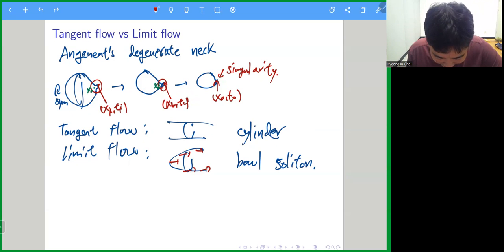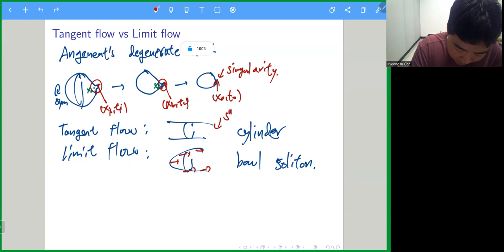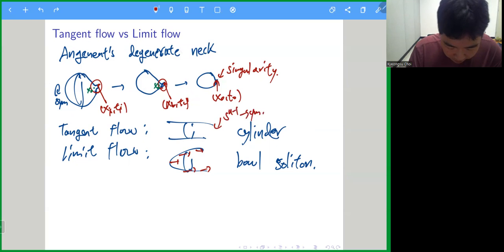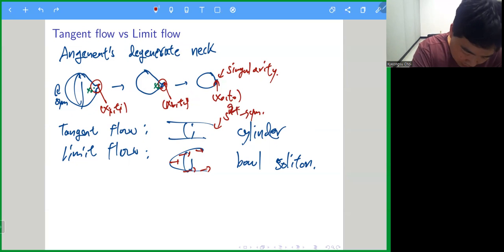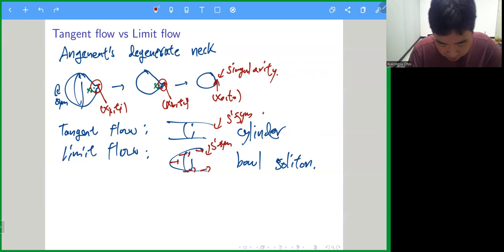And something interesting is that this has rotational symmetry. In this 3D case, it's S1 symmetry, because this is R3, or O2 symmetry, whatever.